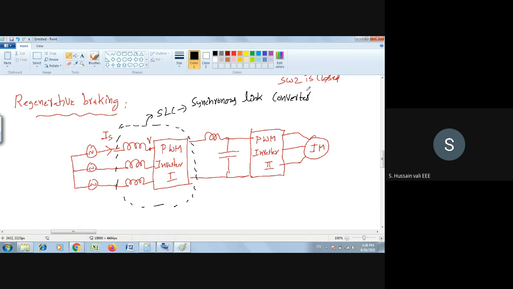So here you give the pulses to the inverter number 1 from the controller.